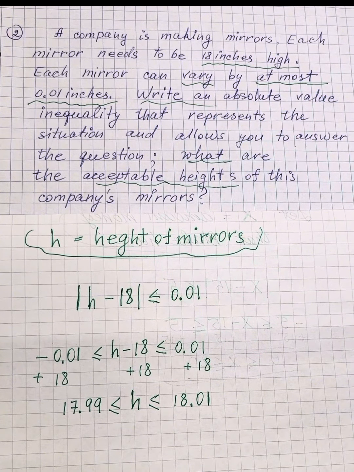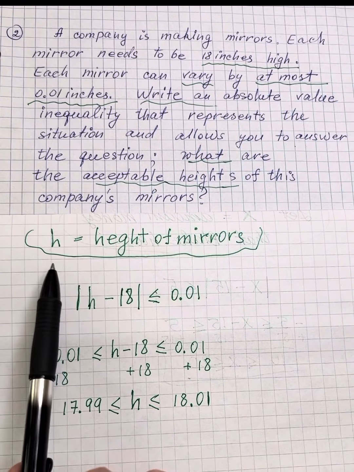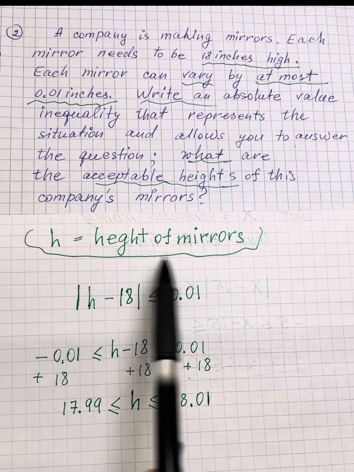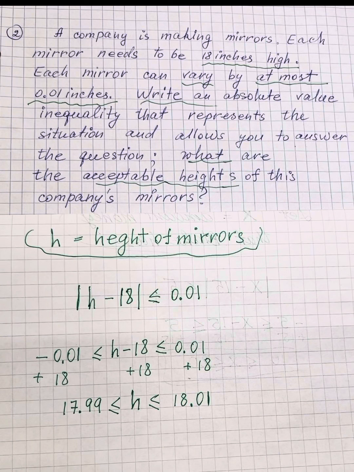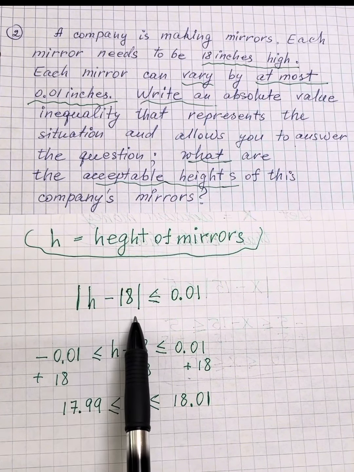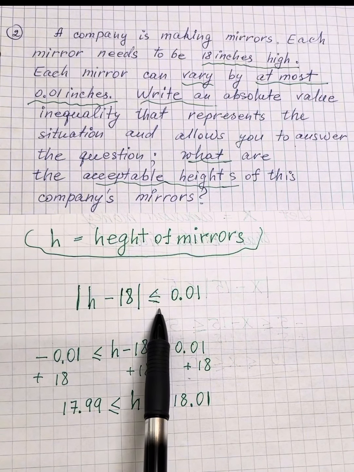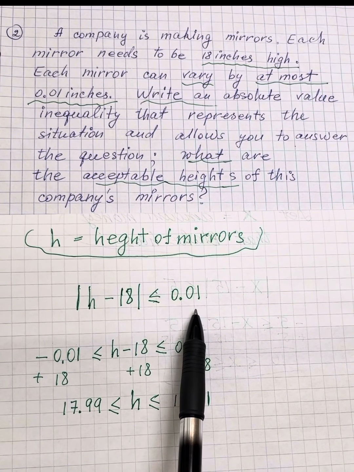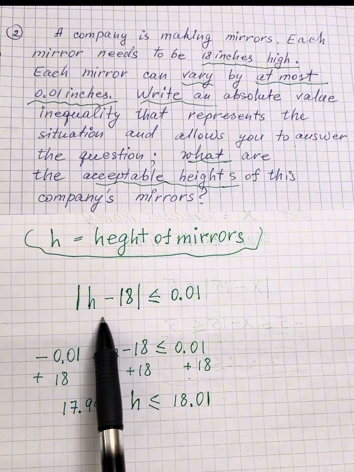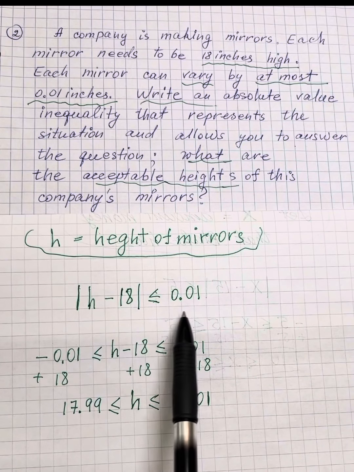First of all, of course, we have to denote what is variable. I mark as h the height of the mirrors. So the inequality, you can see h minus 18 less or equal 1/100. And that makes sense, right? Difference between that standard and that real mirror and allowance is that values.